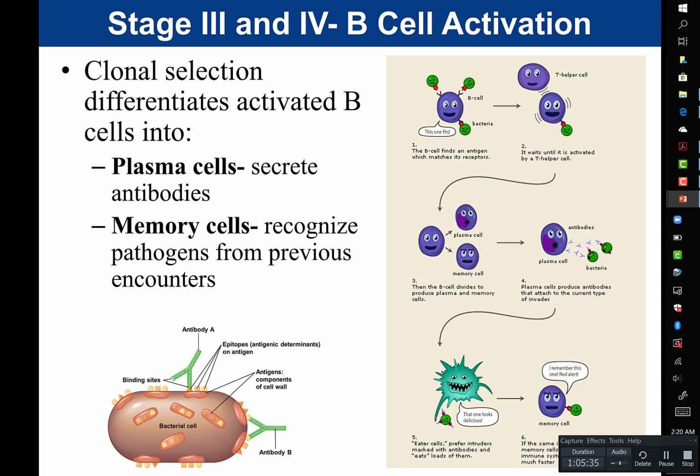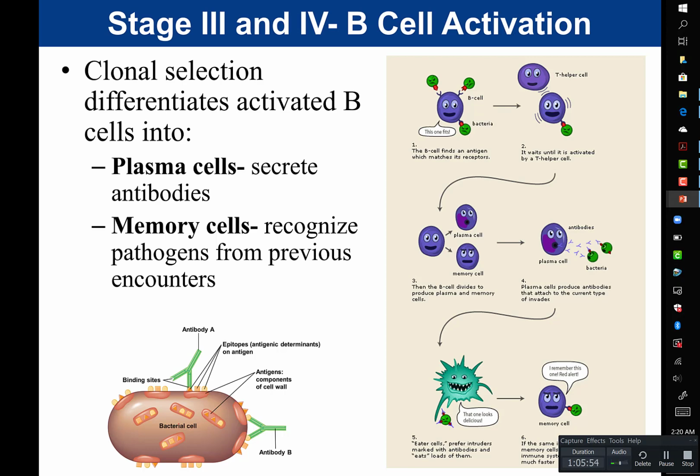So it's fighting bacteria that are outside of our cells. The memory cells will remember that pathogen so that if you come in contact with it again, it's going to respond much faster.